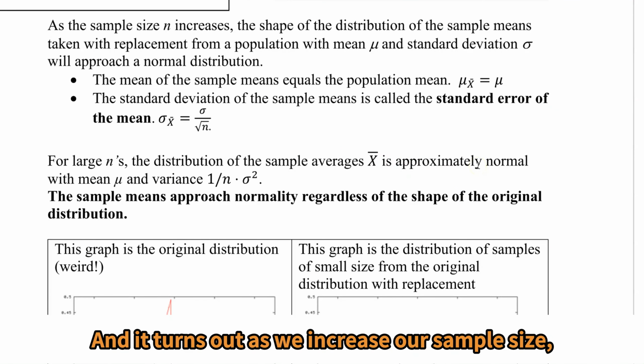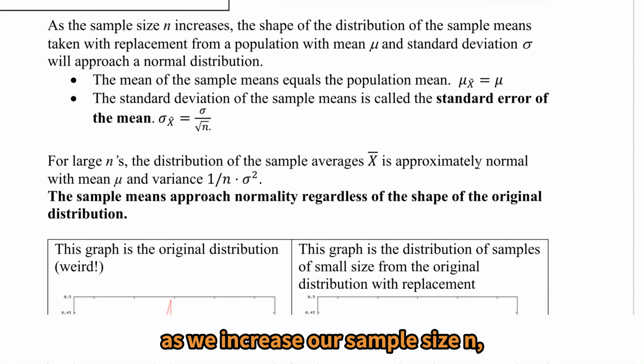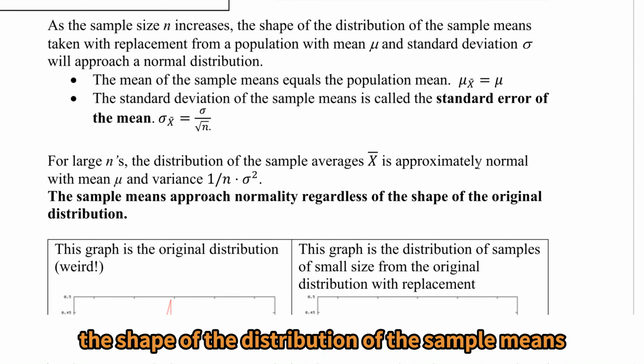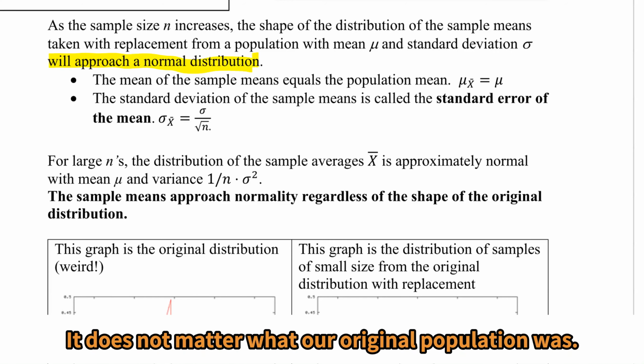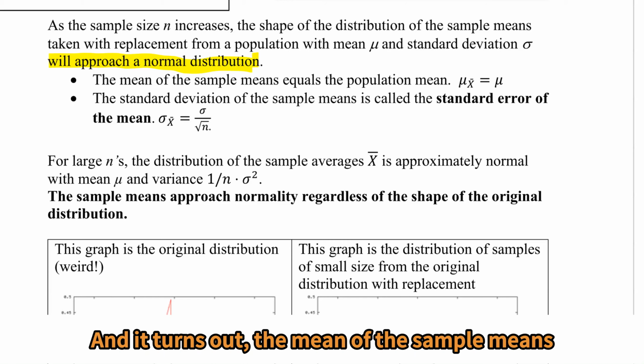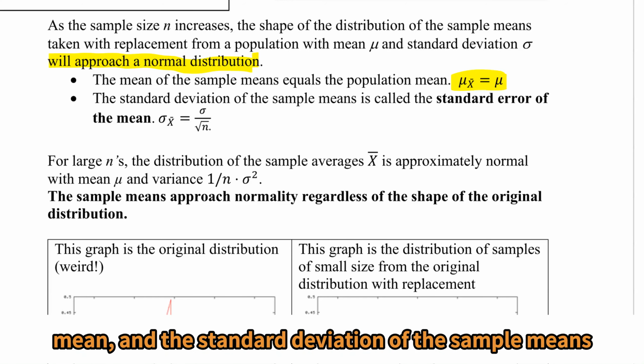And it turns out, as we increase our sample size n when we create the sampling distribution, the shape of the distribution of the sample means will approach a normal distribution. It does not matter what our original population was. And it turns out the mean of the sample means is equivalent to the population mean.